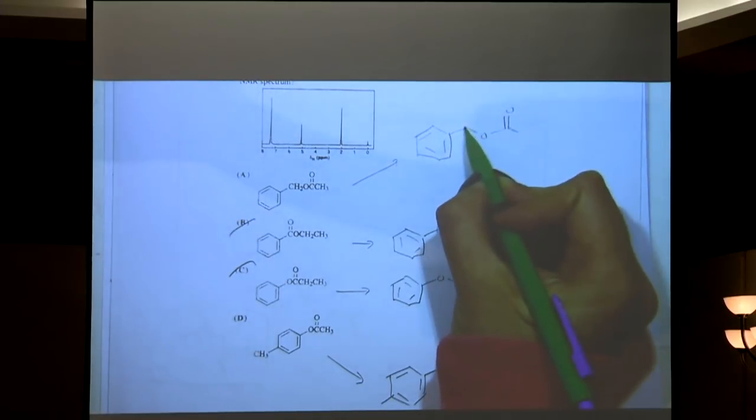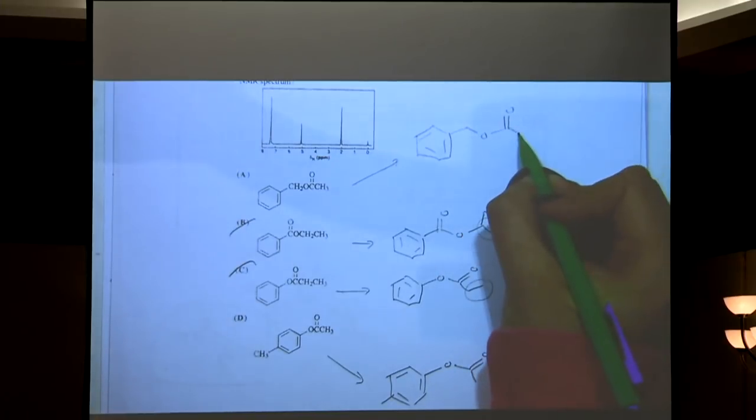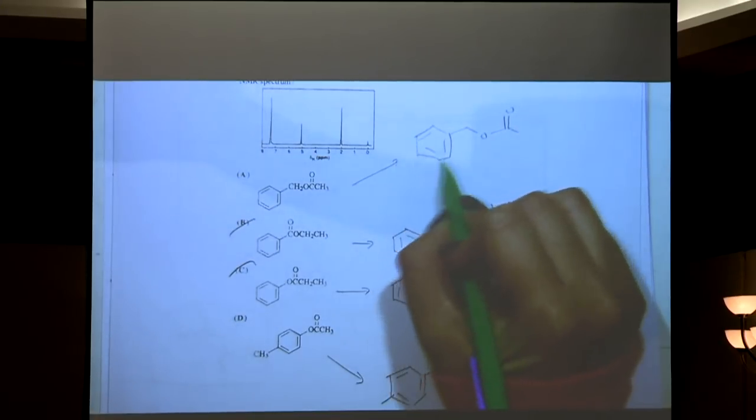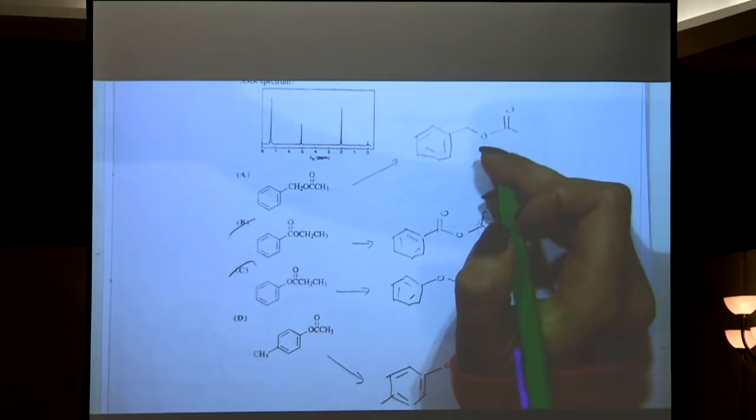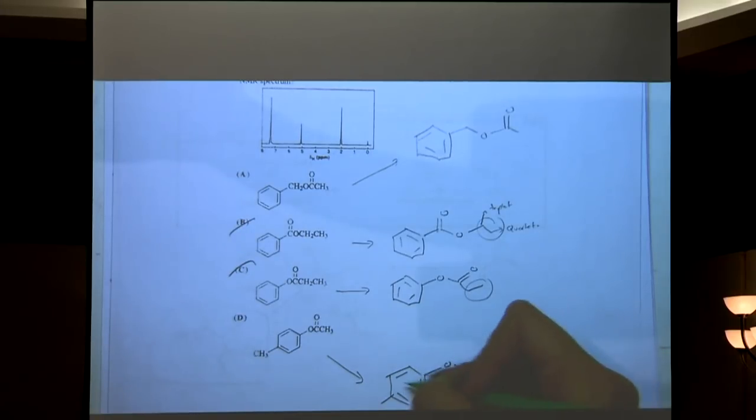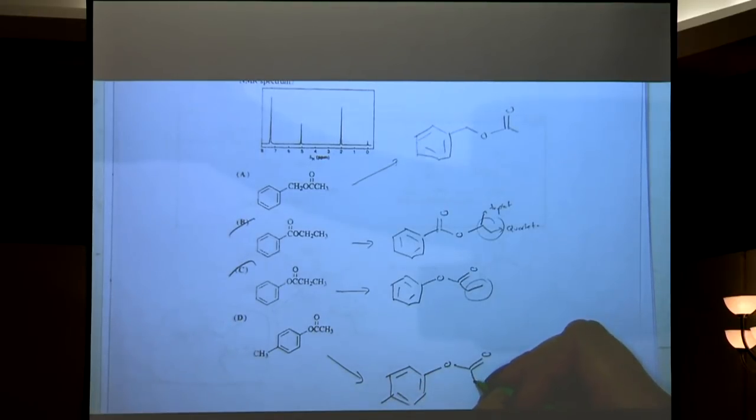This is not going to be split into anything because if we look at the adjacent carbons, none of them have hydrogens. This one, same thing. And the ones on the ring are going to give us the same reading because it's symmetric. Same thing for this one. It's symmetric, so this one's going to be a singlet. The HNMR for the whole ring should be the same reading. These hydrogens over here are going to be the same reading, and these hydrogens over here are going to be the same reading.